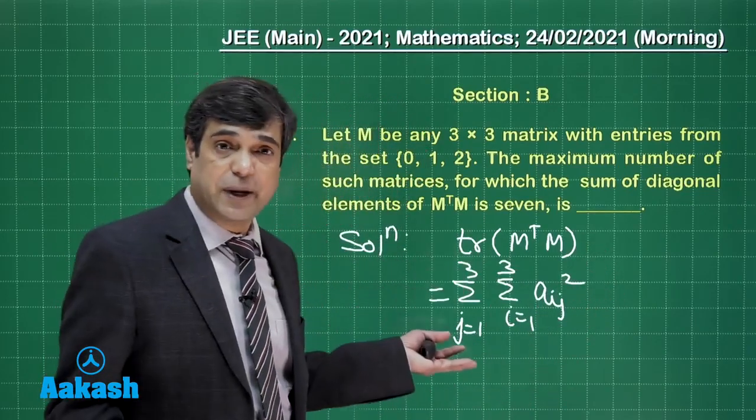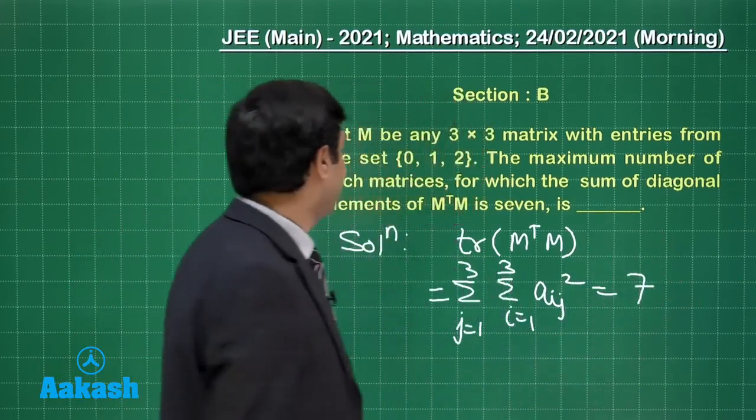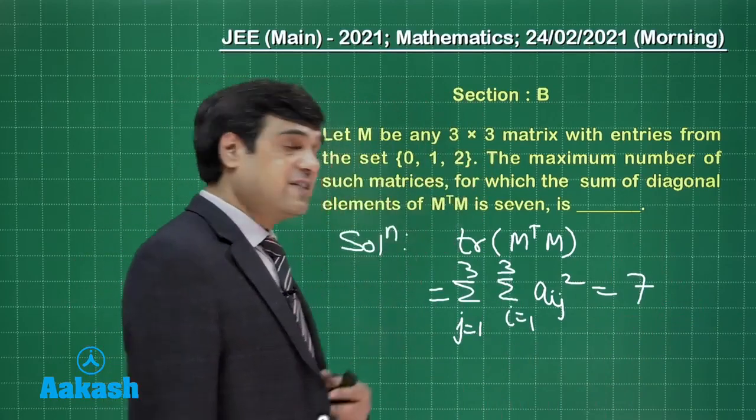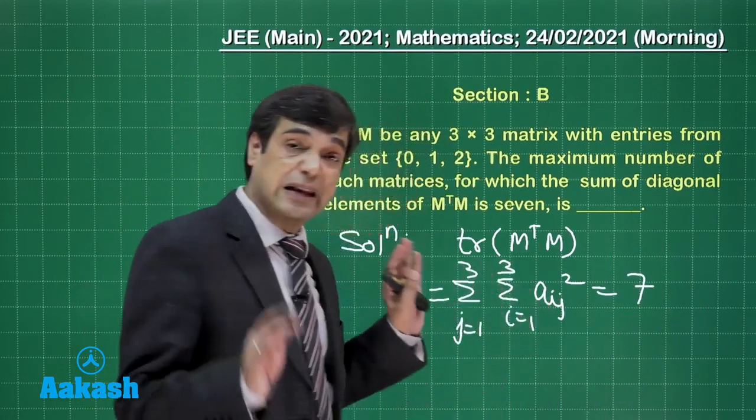When you multiply, you would be getting these terms. Obviously, these are the 9 ones, and this value is given to me as 7. Now, it is being taken from the entries 0, 1, 2, correct? Total elements we have here 9.